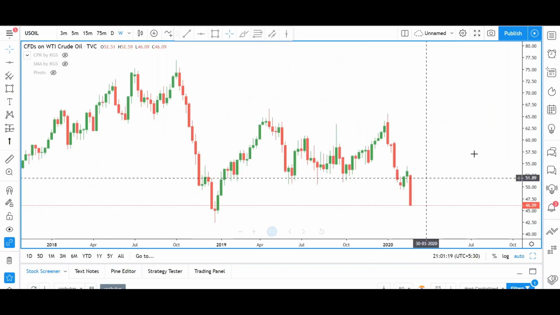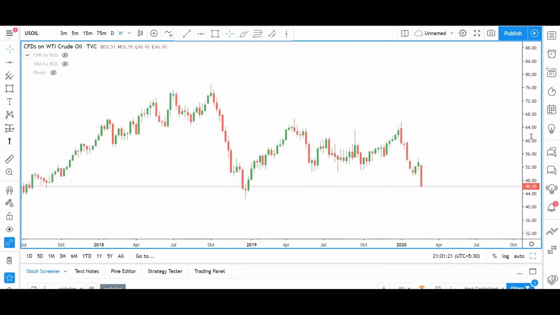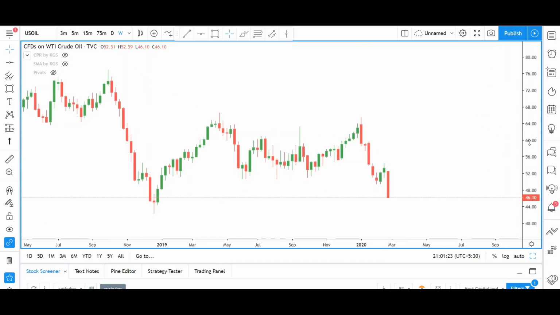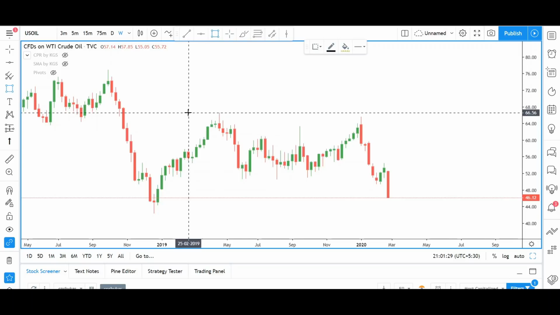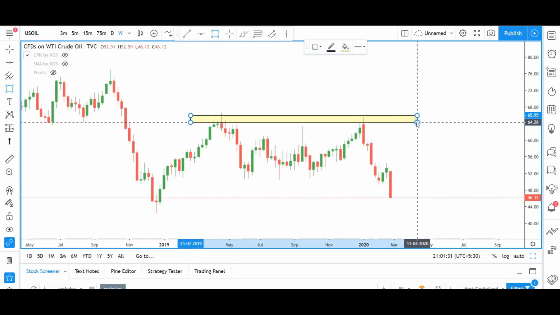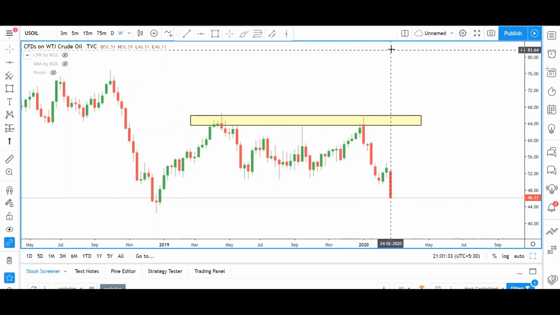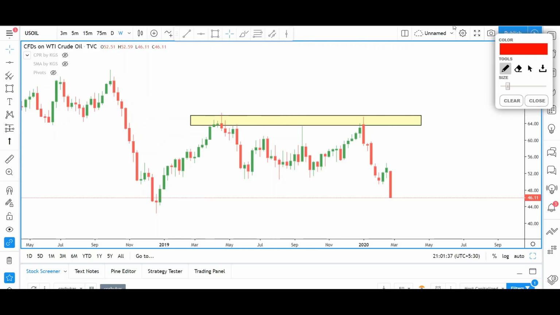Look at the crude oil chart. The important thing on the crude oil weekly chart is that there is a weekly resistance at this particular area. This is a very strong resistance for crude oil.